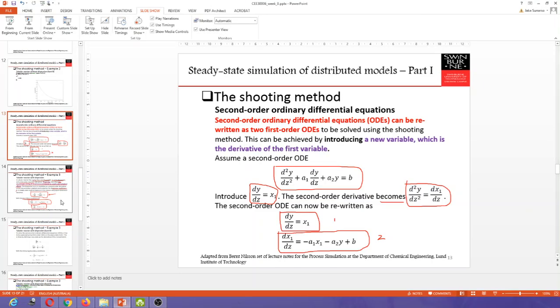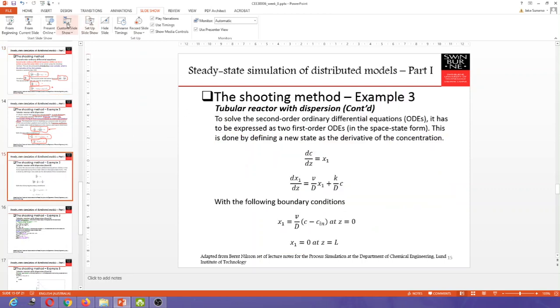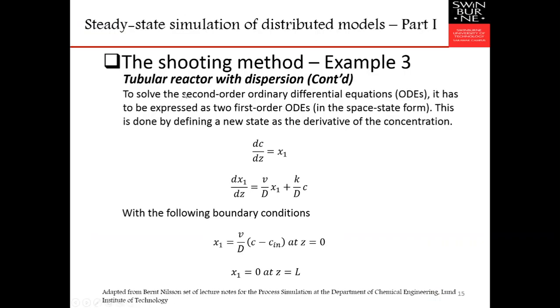So you have this dC per dZ. Okay, I go back again to my slides, and you want to check whether what I showed you there basically translates into these equations in here.